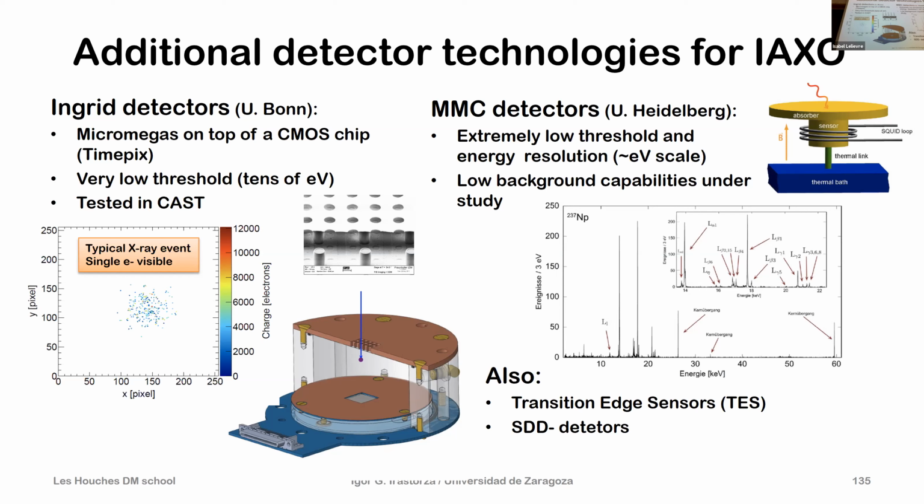And MMC detectors, which are superconducting cryogenic detectors. These are very nice because they have extremely good energy resolution. So in case we have an axion electron population, a positive signal, this type of detector would be very motivated to look for this.